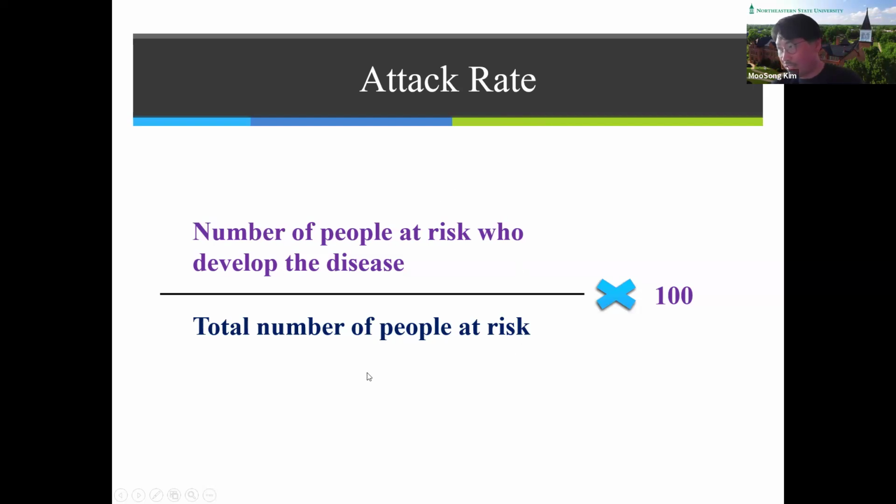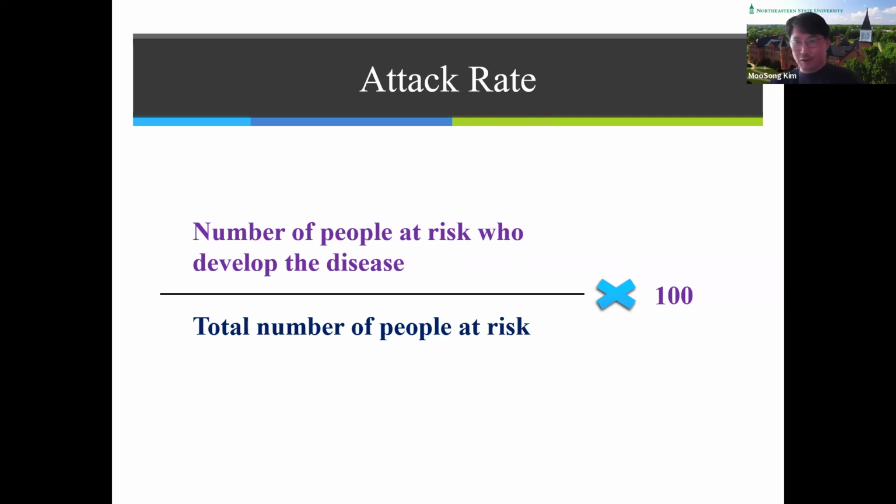As you can see in this slide, to get the attack rate, we need to divide the number of people at risk who develop the disease by the total number of people at risk, times 100. So we can get the attack rate.